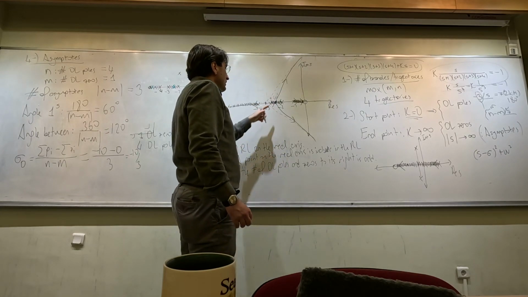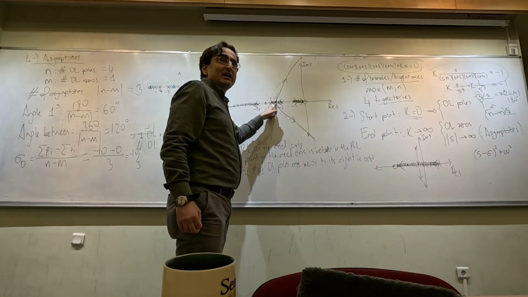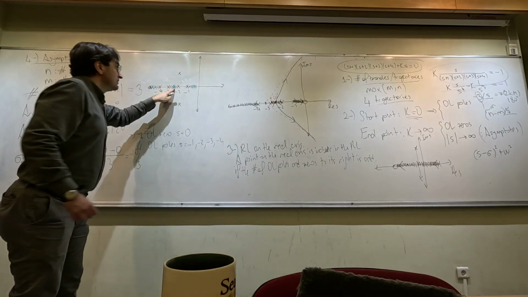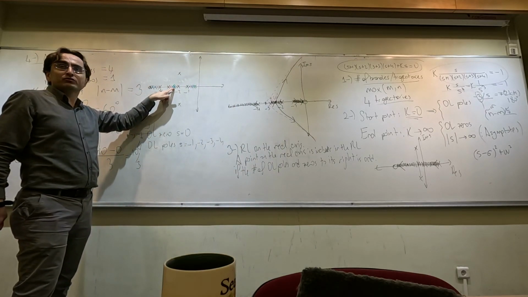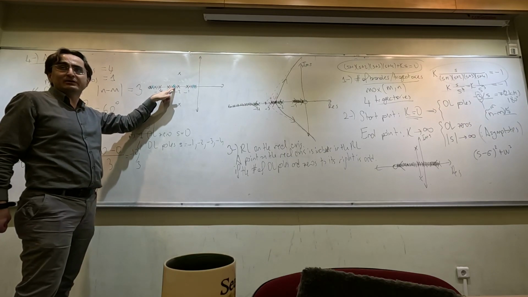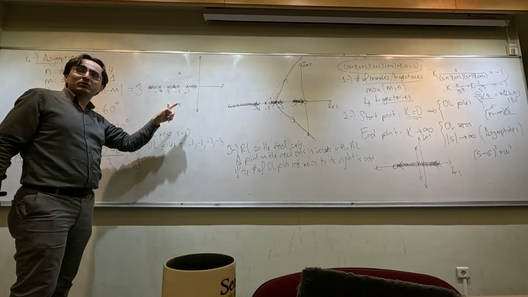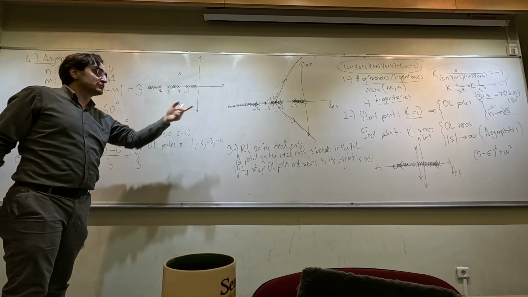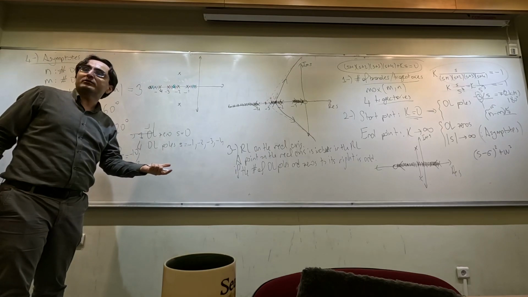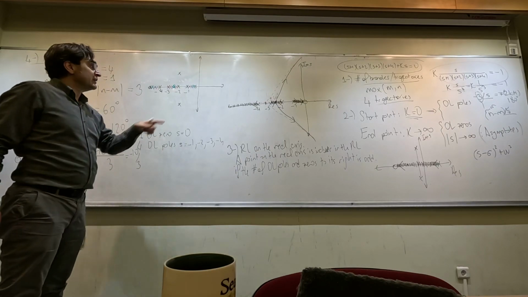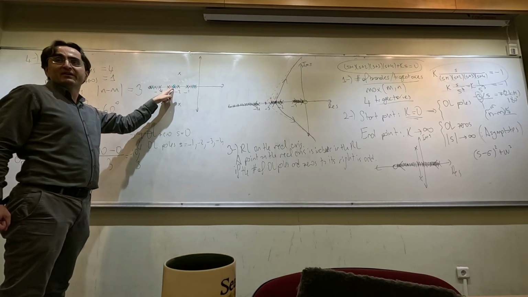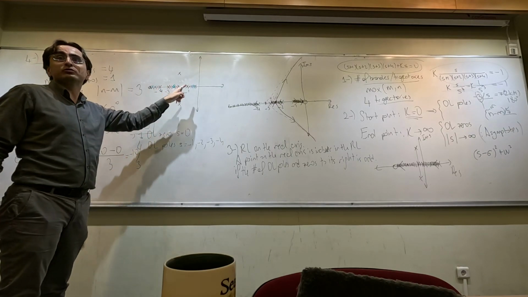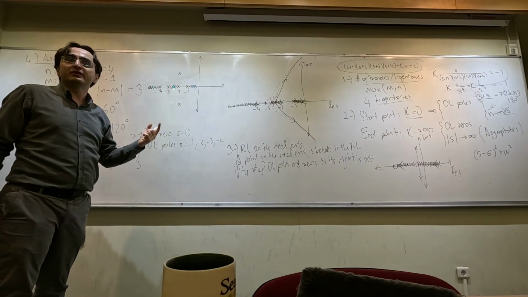So we are going to be concentrating on these important points on the root locus. For example, if I know the k value at which there are two closed loop poles exactly on top of each other here, then I will know for which k values the closed loop system step response would be oscillatory or non-oscillatory. Okay?